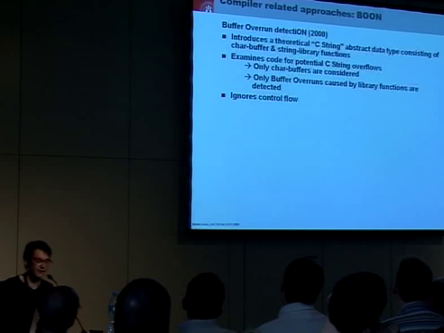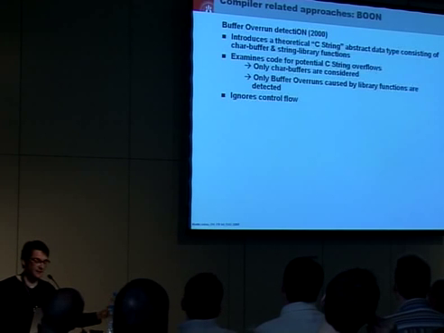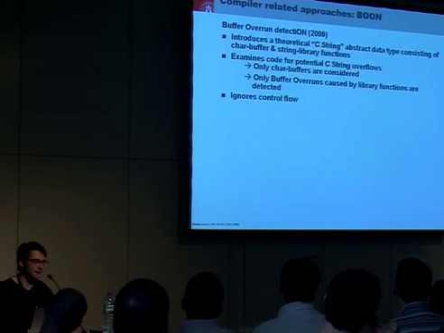It's from the year 2000. Boon introduces for its analysis a theoretical abstract data type called C-string. As you probably all know, C doesn't have a data type string per se, but it only has character buffers and a couple of library functions that work on these character buffers.